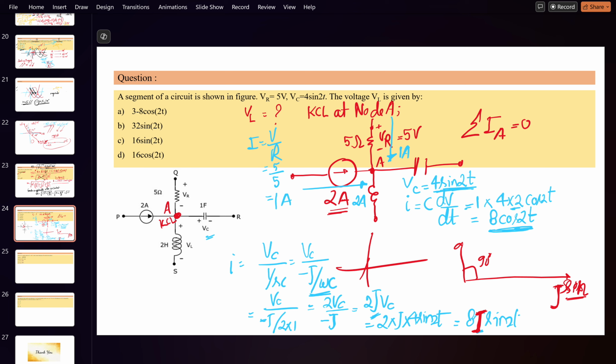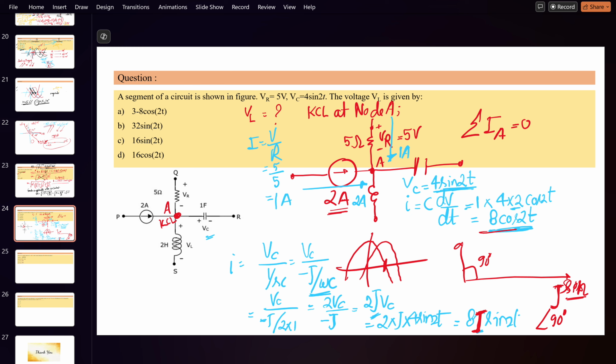Initially it was sine, and when you rotate it by 90 degrees, it becomes cos, time shifted. It is the angle plus 90 degrees, so it became cos. So the same value comes into the picture.